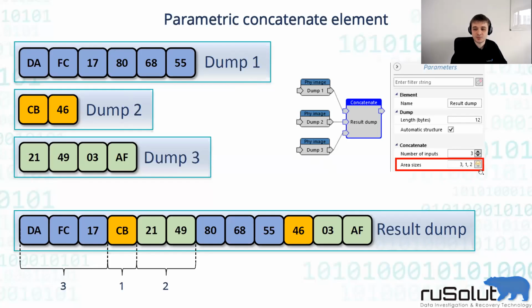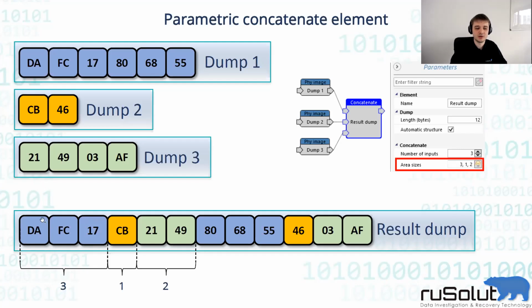What do these numbers mean? It means the number of bytes to take from every input accordingly. So this element will take 3 bytes from the first input, a single byte from the second input, and then 2 bytes from the third input, and put it group by group.